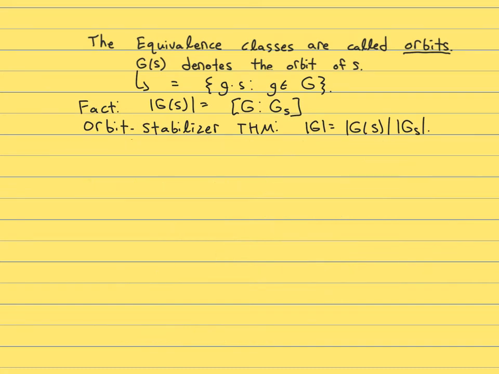Alright then, let's actually try to prove this result. So we need a bijection between the orbit and this set of cosets.